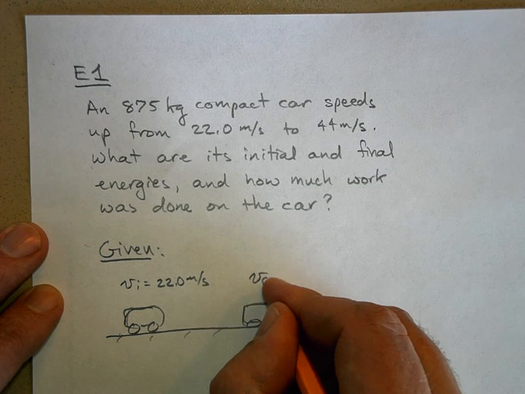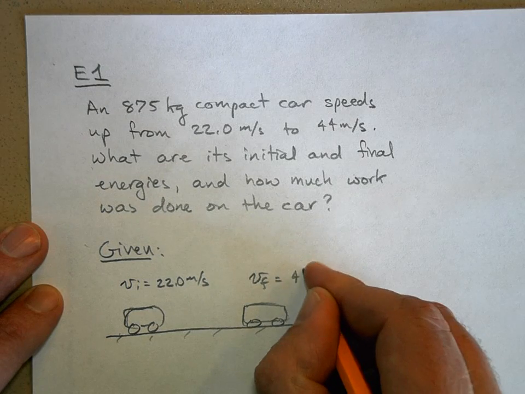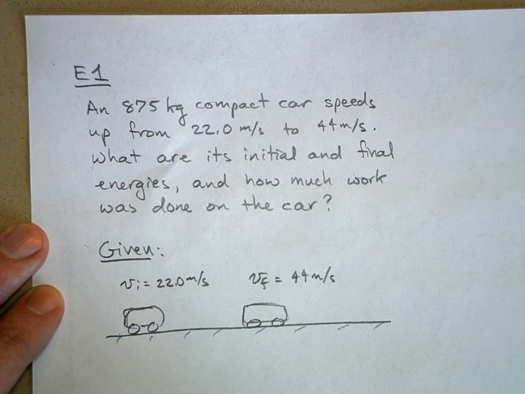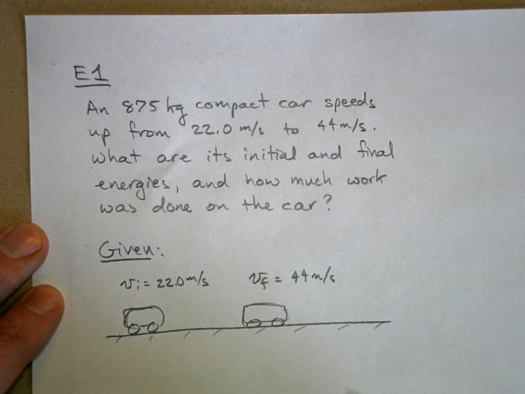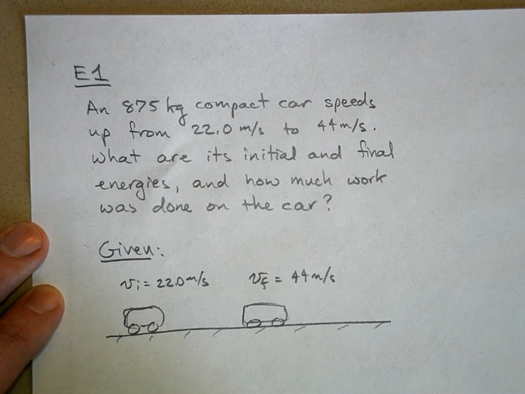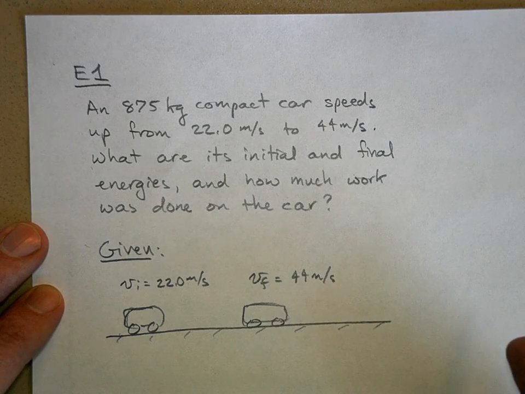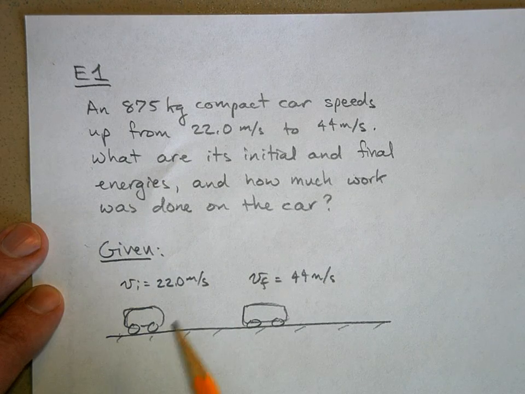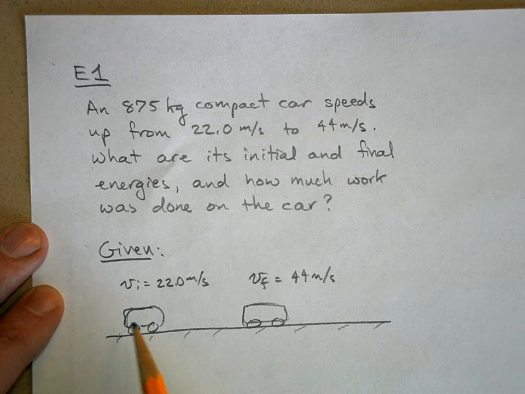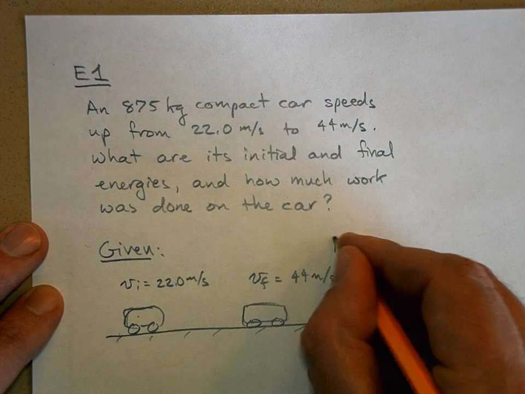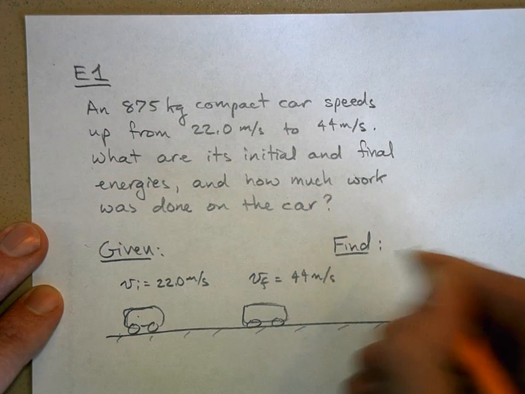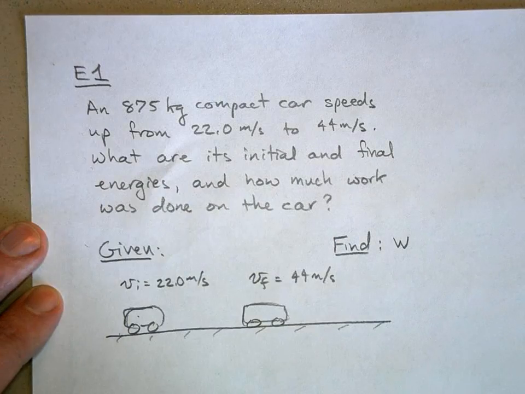I don't know why. That's right, it's some kind of relativity effect. And we want to know how much work was done on the car to speed it up from here to here. So find the work done on the car.